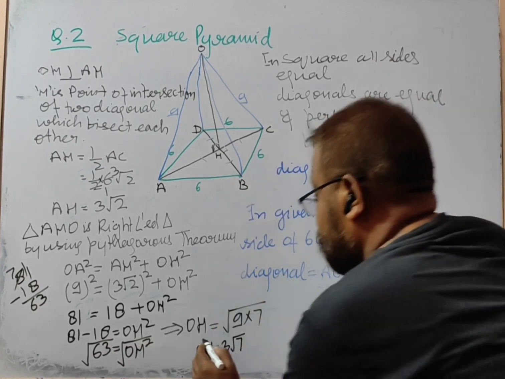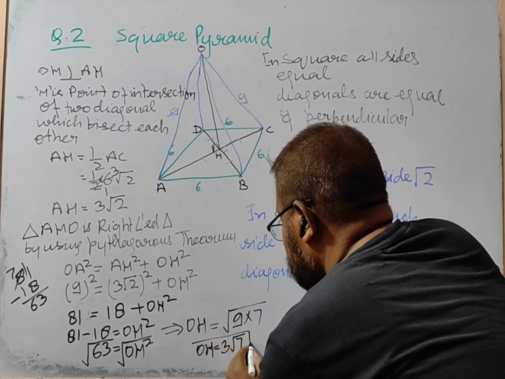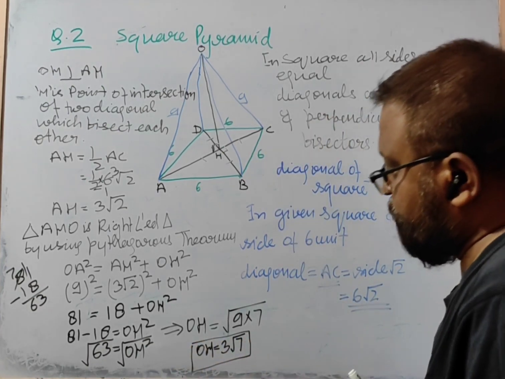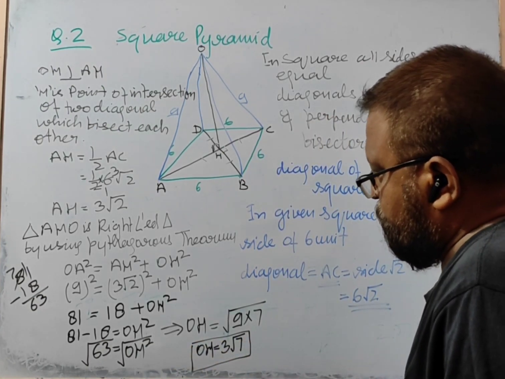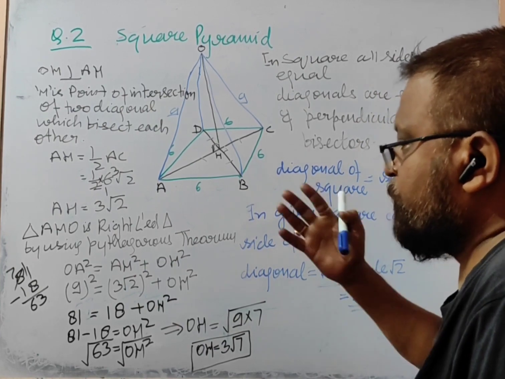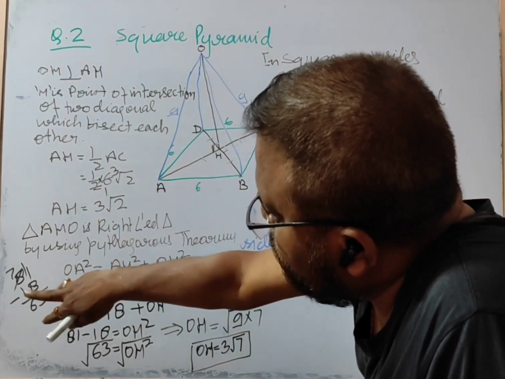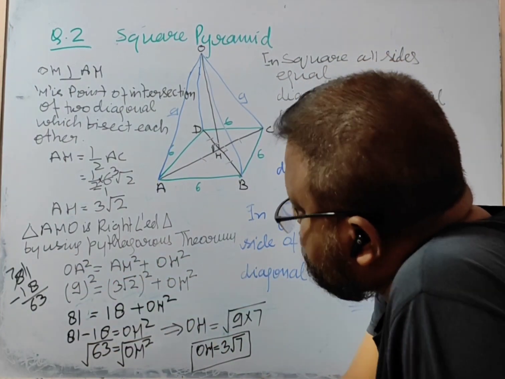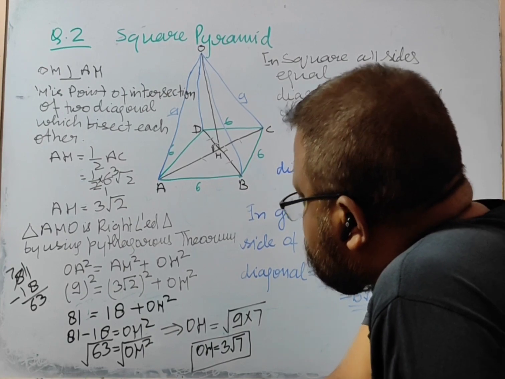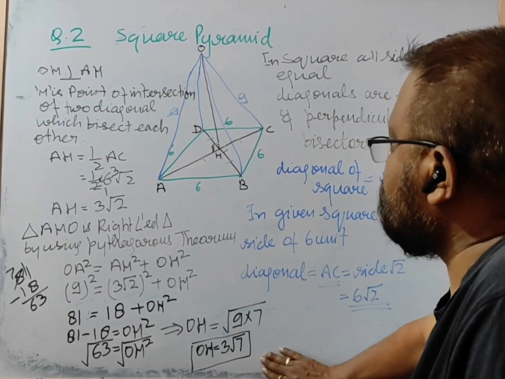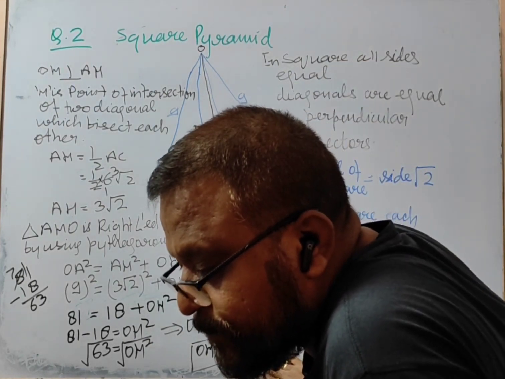Getting? So we have OH is equal to 3 root 7. So this is your second answer, right?